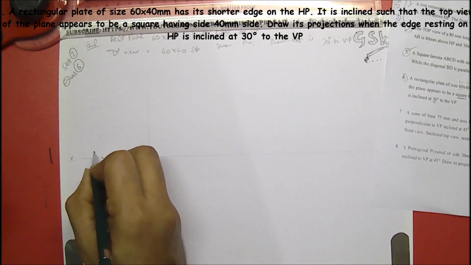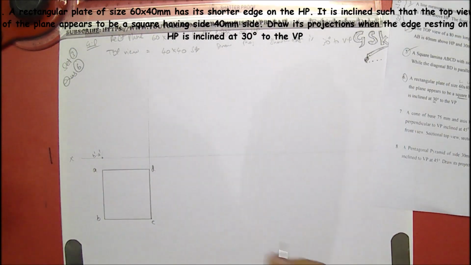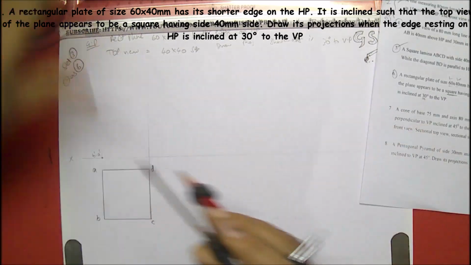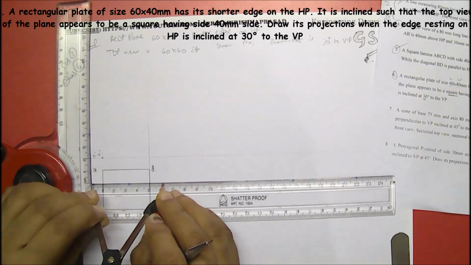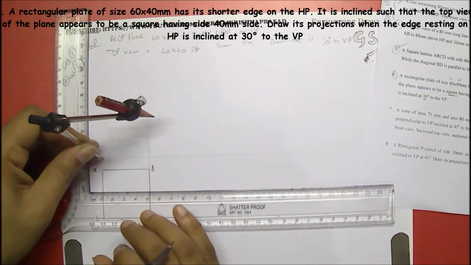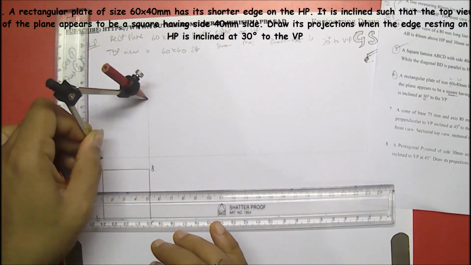So I'll be keeping the B dash and A dash on the HP, and let's measure the 60 mm length, and from here mark it.